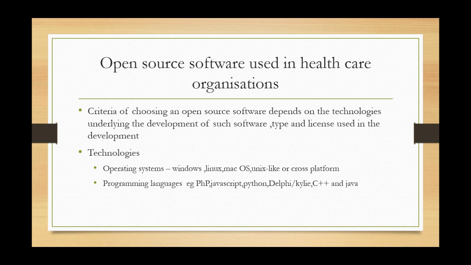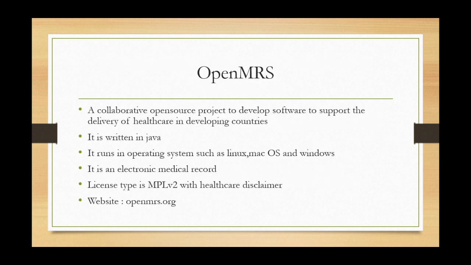Another general purpose language is the Java programming language, which is also used in developing open source software for healthcare organizations. Now let us go and discuss a number of these open source software.